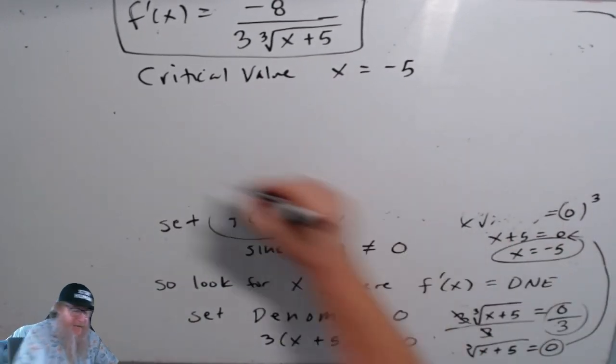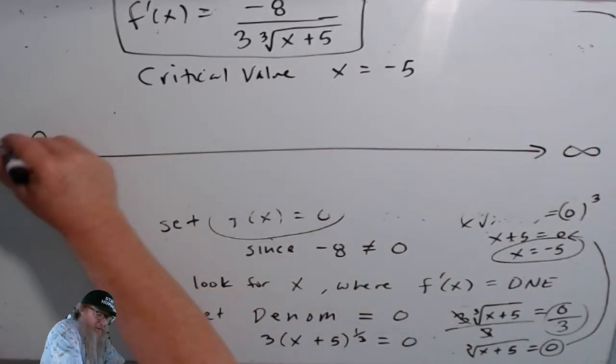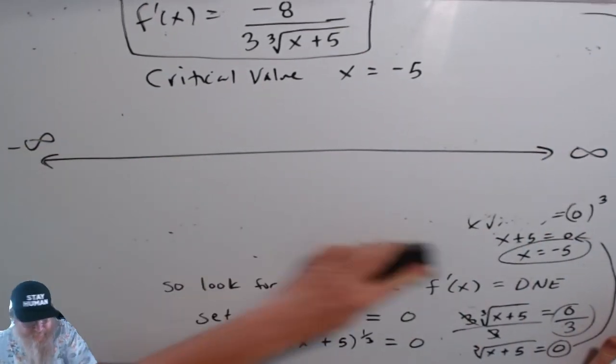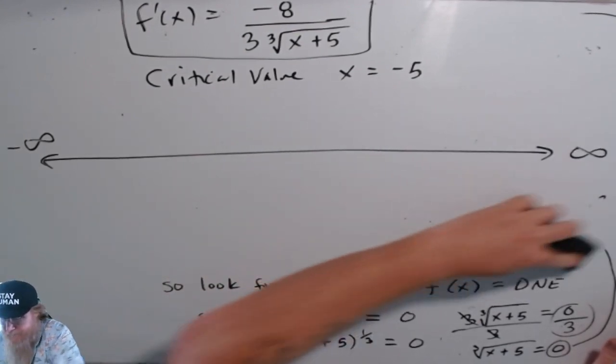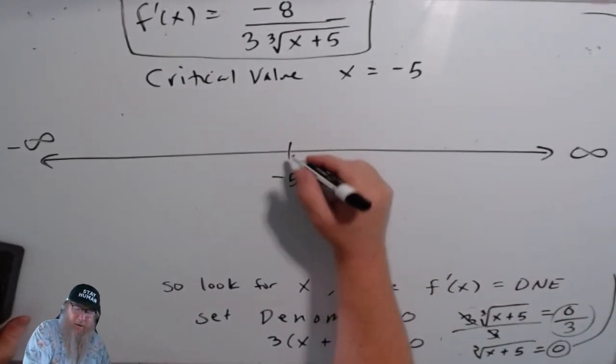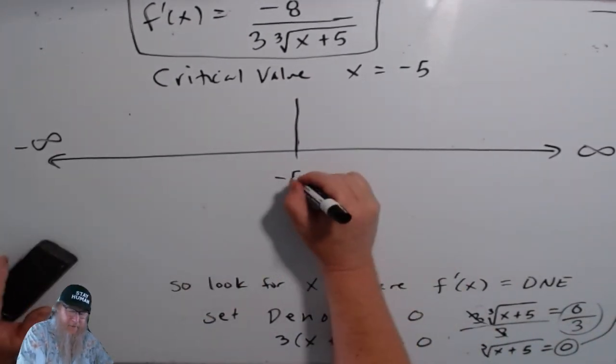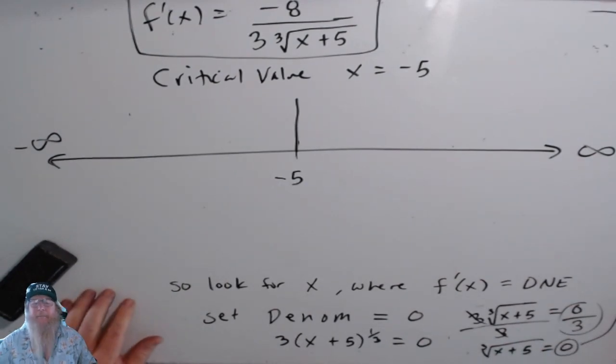So when we do our sign test, again, there's only one critical value, so I'm just partitioning it at negative 5. Those are the two bins.